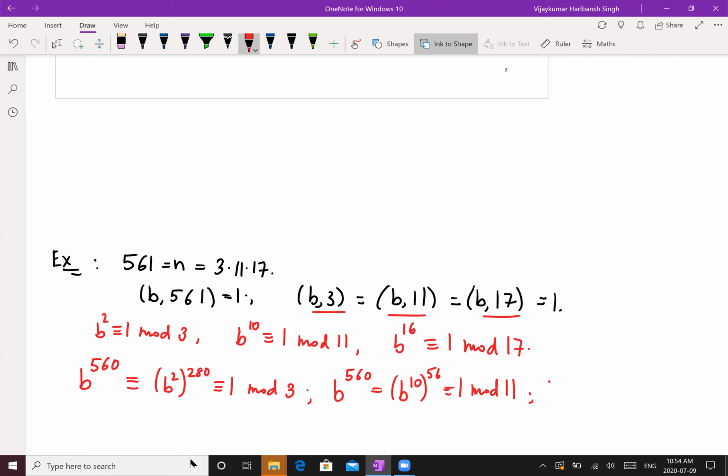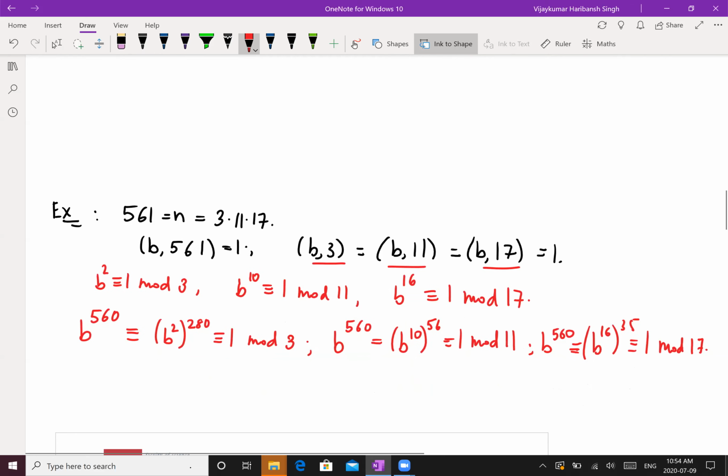And not only that, b to the 560 is also equal to b to the 16 to the power 35, which is also congruent to 1 mod 17.